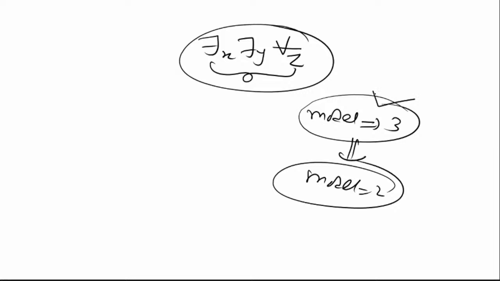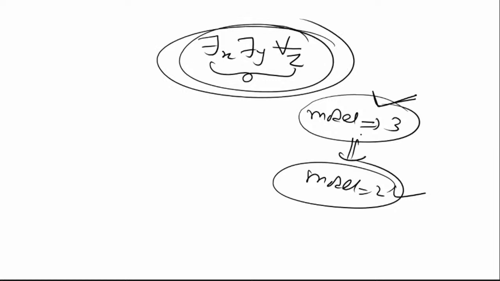If there exists a model of size 3, then definitely there will exist a model of size 2. Are you getting? So it will depend on the question. Once you practice it enough, once you take different situations and understand all these, automatically you will get it. For this question, if you have a model of size 3, then you can guarantee a model of size 2.